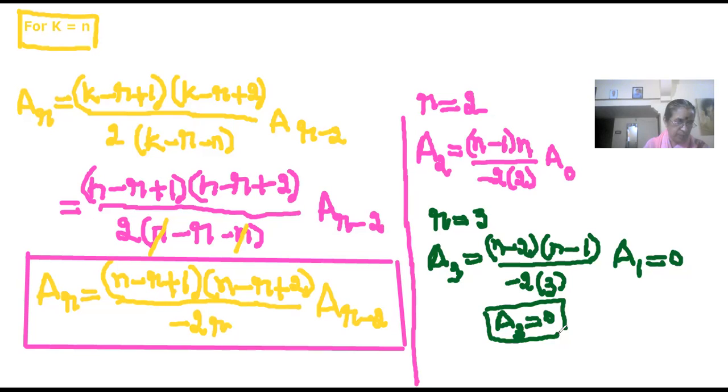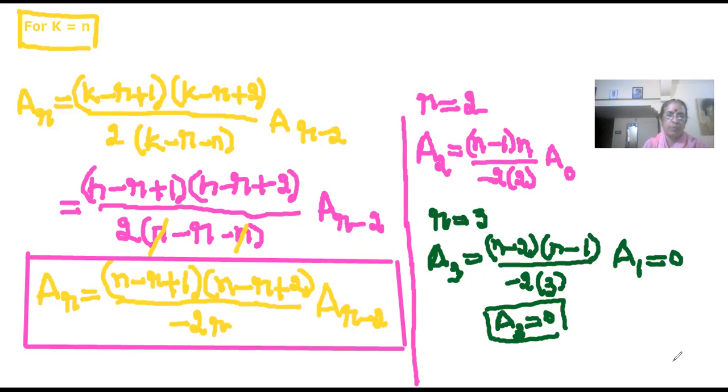Next we are going to find out the value for A4, when R equal to 4. Once again, let us come back to the previous table.